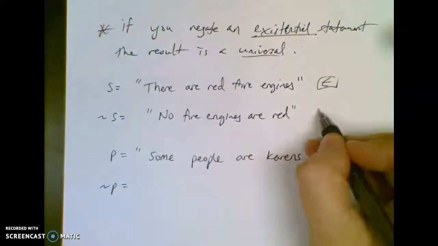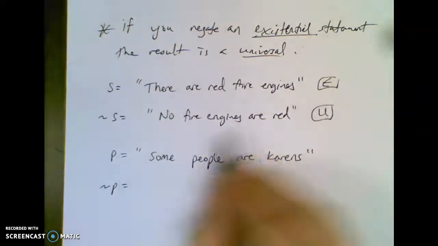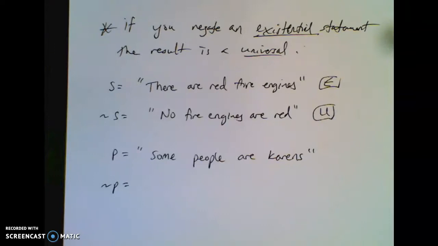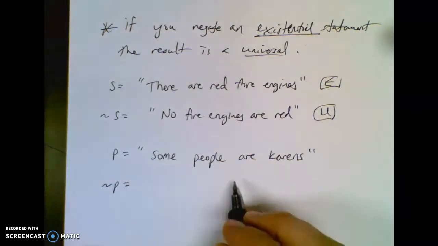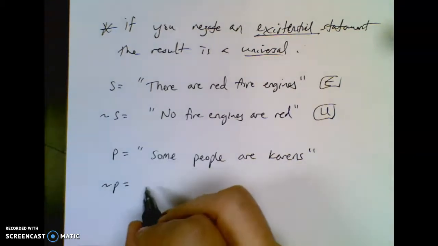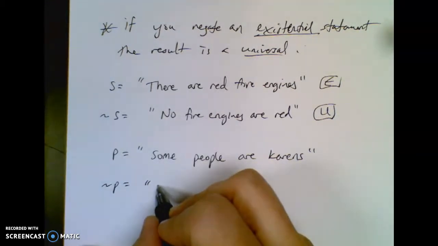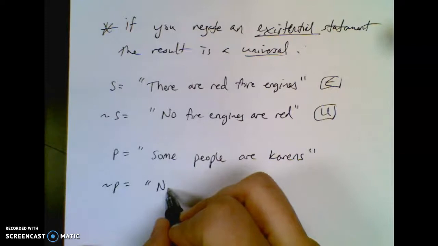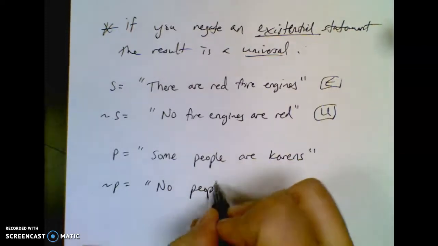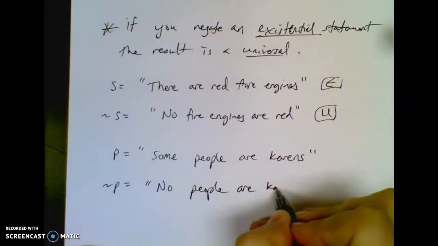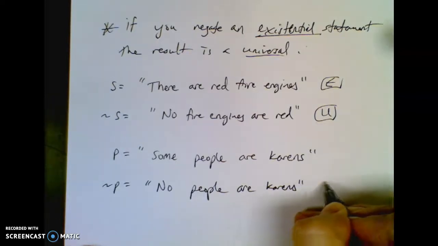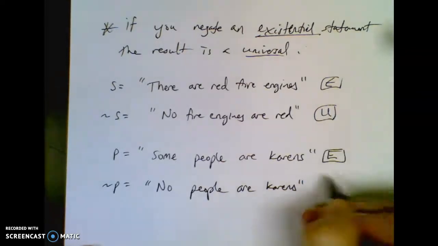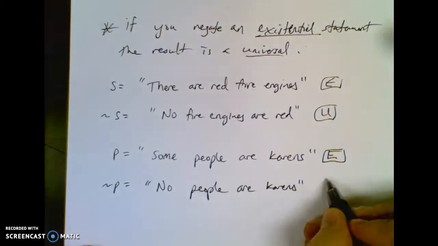Doesn't mean it's true, it's still a statement, right? Same with this. Some people are Karens. The negation of that, not opposite, negation, is no people are Karens. So this one's an existential: there exists at least somebody who's a Karen.